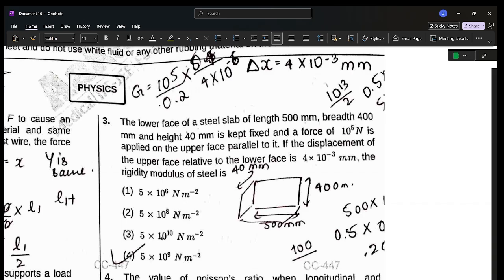Point 2. That makes sense. Okay, fine. Oh, yeah, got it.